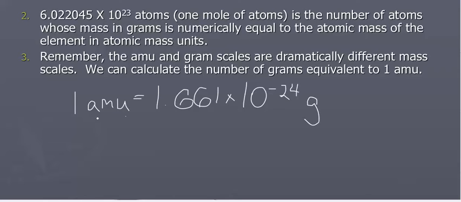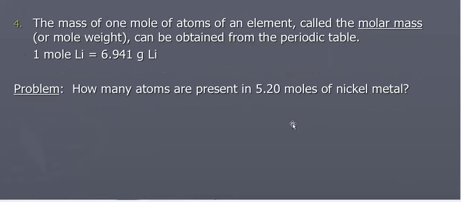We can't measure AMUs in the lab, so we need a scale, and we're going to use the gram scale. But they are dramatically different scales. Just kind of keep that in mind.